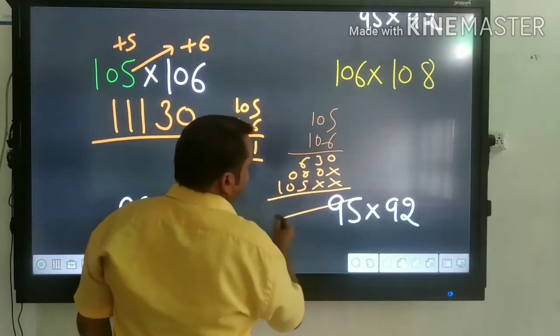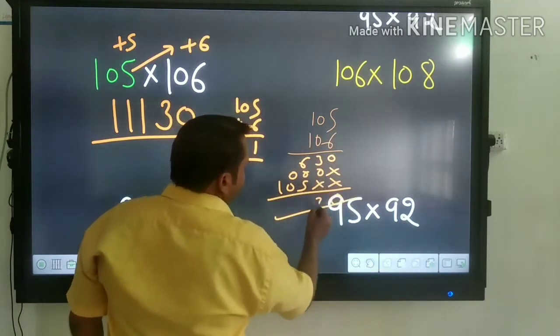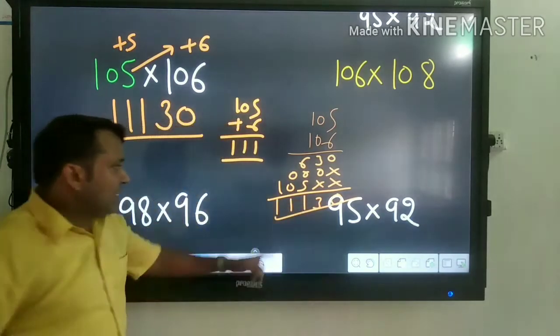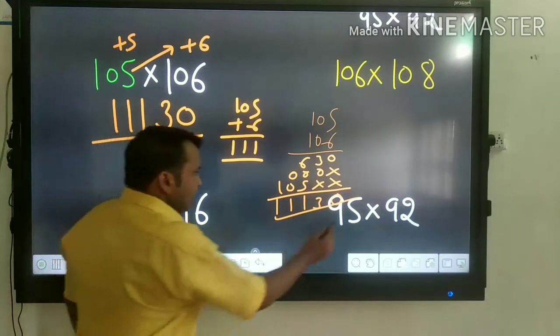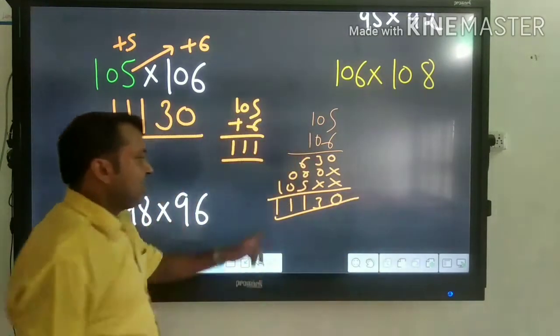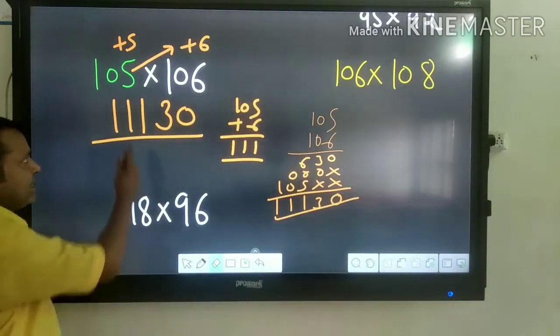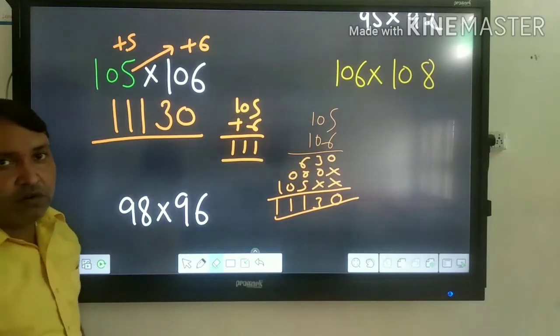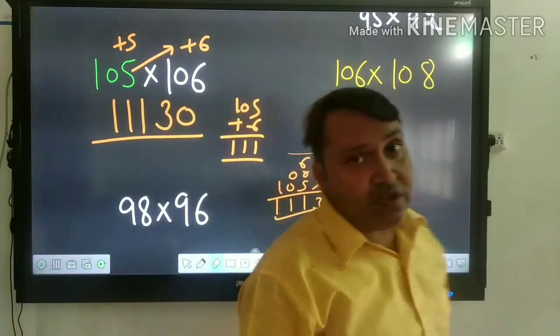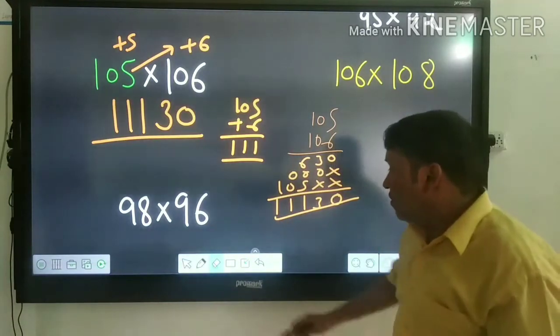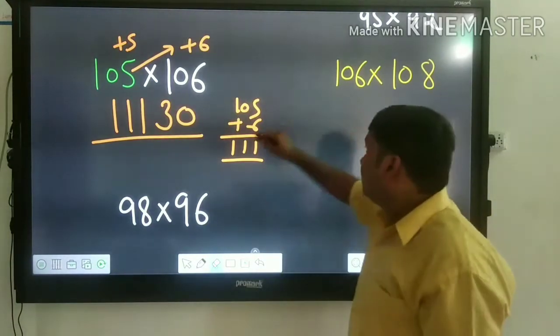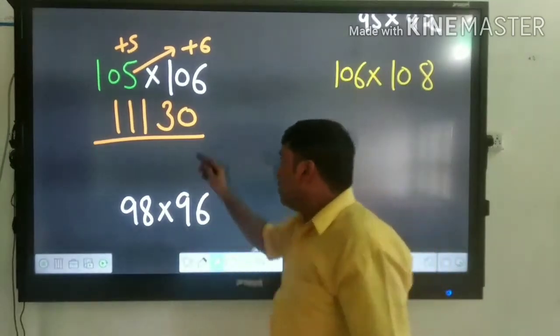So on adding, I will check whether my answer tallies with the given shortcut or not. Yes, you may see that I got 11,130. The answer is the same, student. Now you can see that if I apply the traditional method and apply the shortcut method, in both cases the answer is the same. That's why now you have to decide which method you have to adopt for these types of questions, student.